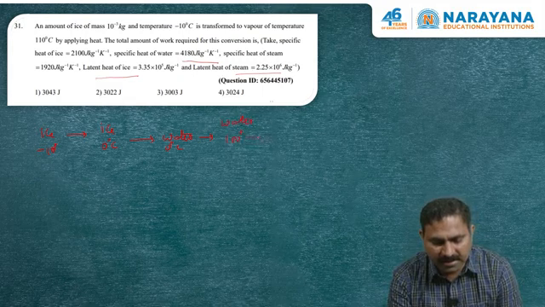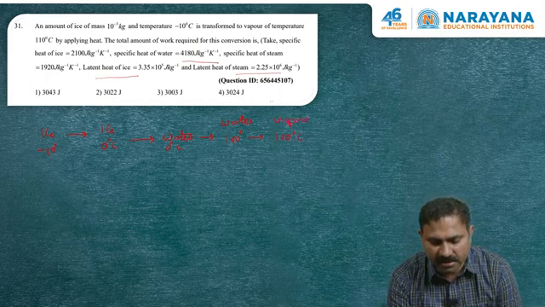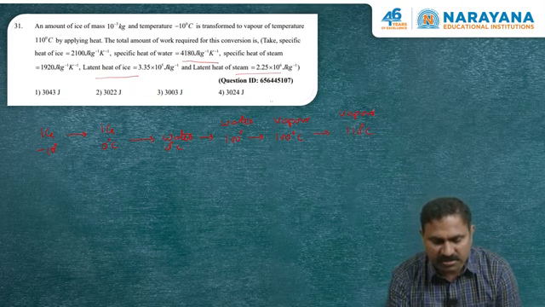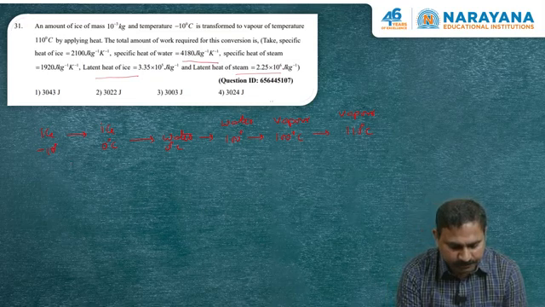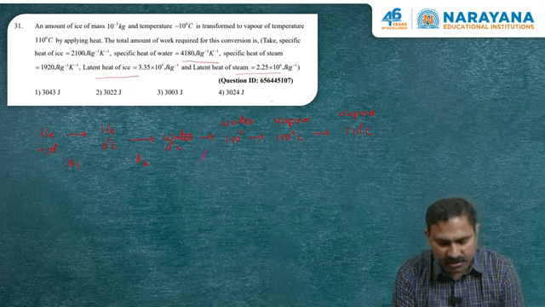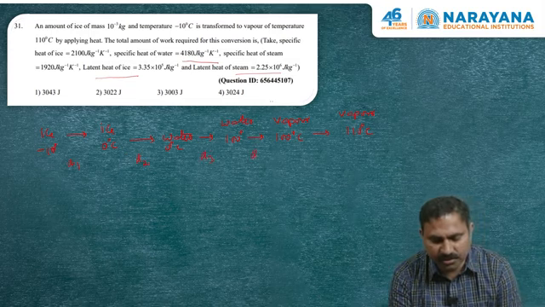Now 100 degrees centigrade water should be converted into vapor at the same temperature 100 degrees centigrade. Again this vapor should be raised to temperature of 110 degrees centigrade. So these are all the many phases. So let Q1 be the amount of heat to be supplied here, Q2 is amount of heat, Q3 is amount of heat here, Q4 here and Q5 here.